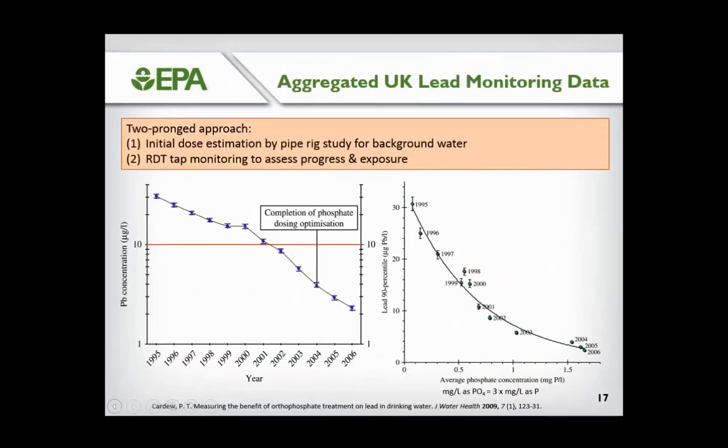Now, one of the ways we can evaluate the success of the phosphate treatment, for both dissolved and particulate lead, is looking at the aggregated data in the UK. They approached their optimization program starting in the middle 1990s by first doing an initial dose estimation by pipe rig studies in the background water, and then doing random daytime tap monitoring to assess both the progress of the corrosion control and the exposure.